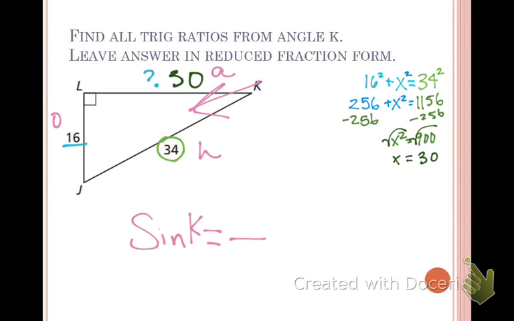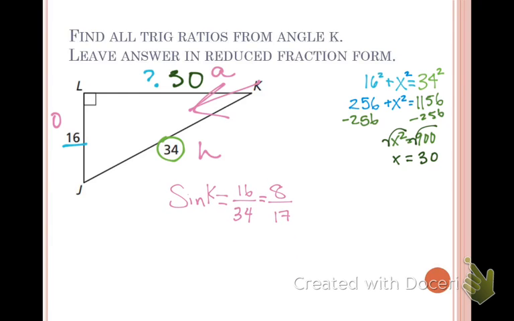So what's my opposite? 16, my hypotenuse. Does this reduce? To 8 over 17. All right, then we move on to the next trig function, which would be cosine of K. Cosine is what side over what side? Adjacent over hypotenuse.